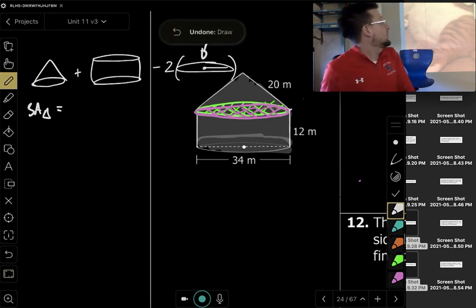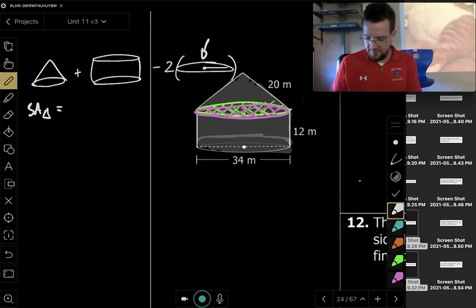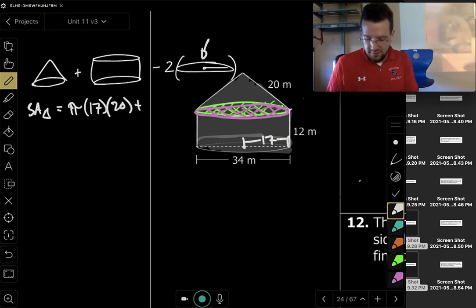All right, surface area of the cone. So this is, okay, the radius is 17. So this is going to be pi times 17 times L, which is the slant height, plus the area of the base, pi times 17 squared. Again, you probably will want to rearrange these numbers, but that's okay.